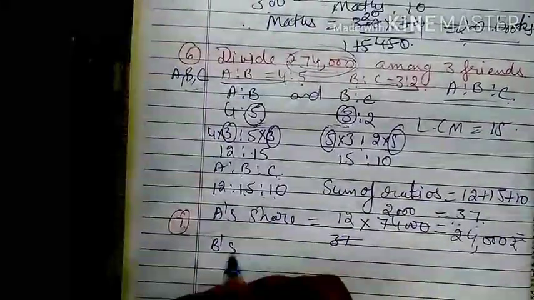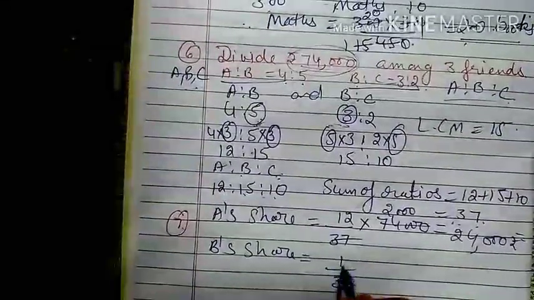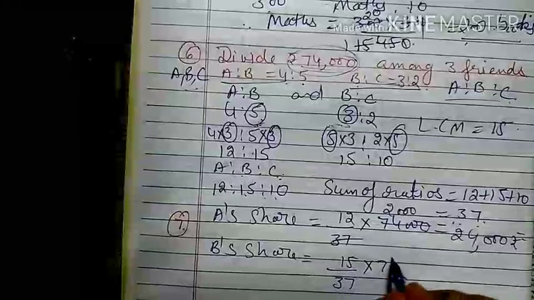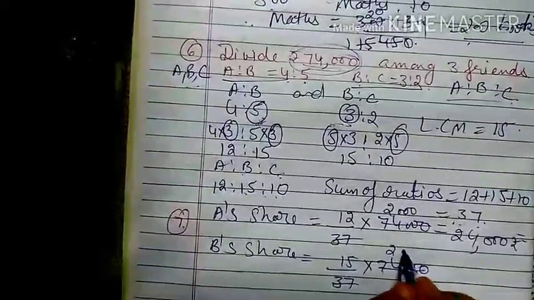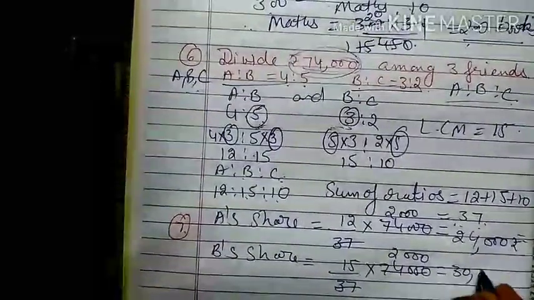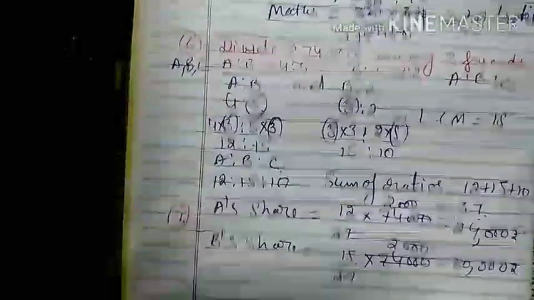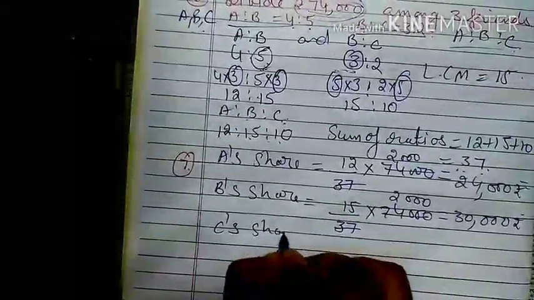Now how much will B get? Out of 37, B will get 15 parts of 74,000. Again 37 twos are 74 and 15 into 2,000 is 30,000 rupees. It means B will get 30,000 rupees. Now C's share.